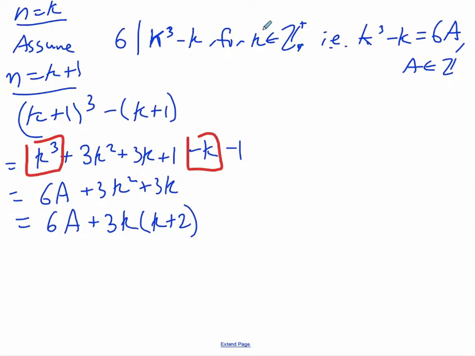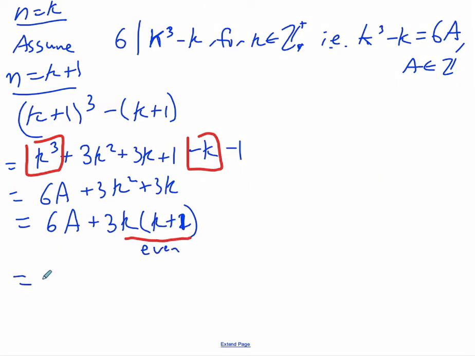So if we look at this closely, now this is a 3, so it's not divisible by 6, but this is k plus 1, so this should be a 1 in here, first of all. That should be a 1. So this is divisible by 3. This is a product of two consecutive numbers, so this is even.